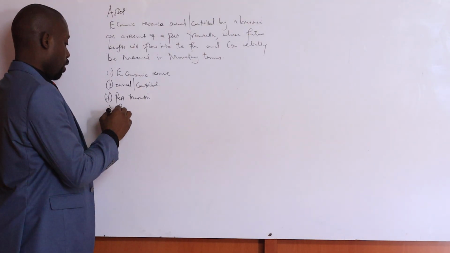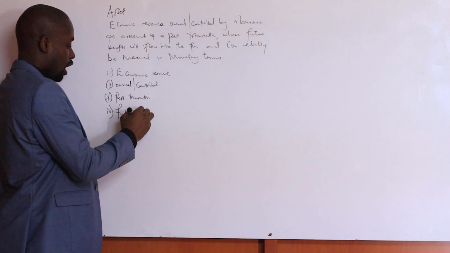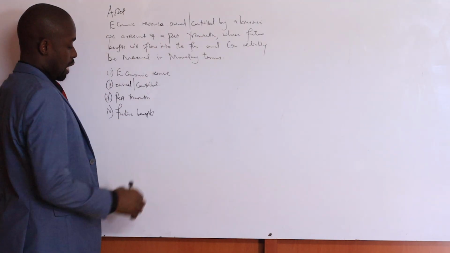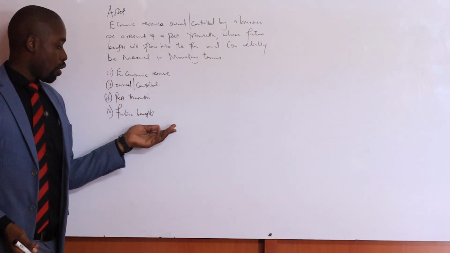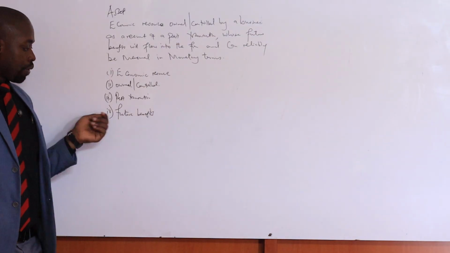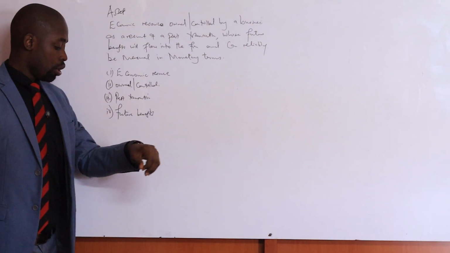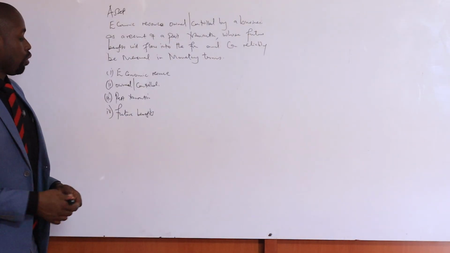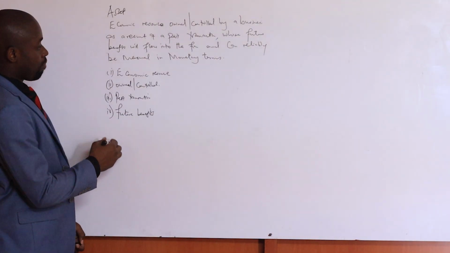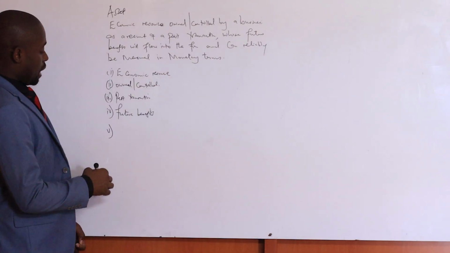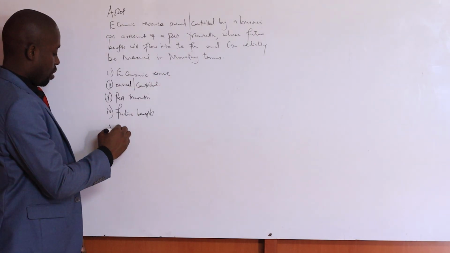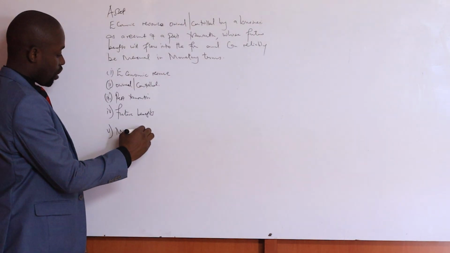future benefits. Future benefits are the inflows of economic value, or the receipts of economic value, from the use of the asset, which takes place immediately you own or begin controlling. That is called future benefits. Number five, what you call money measurement.